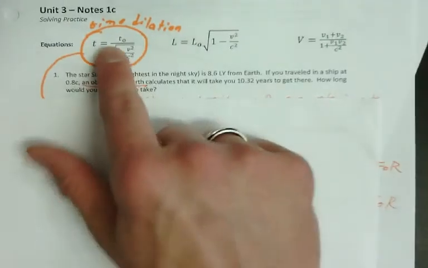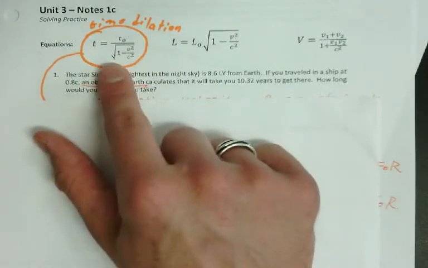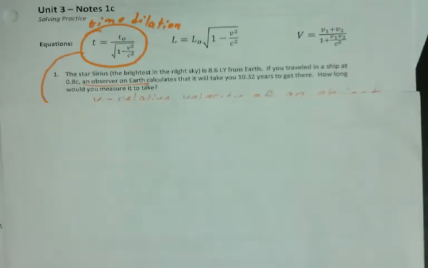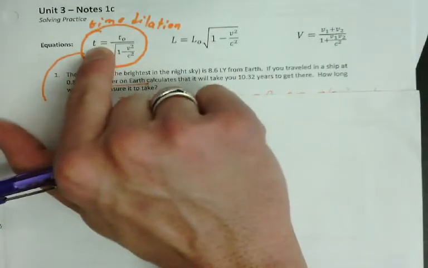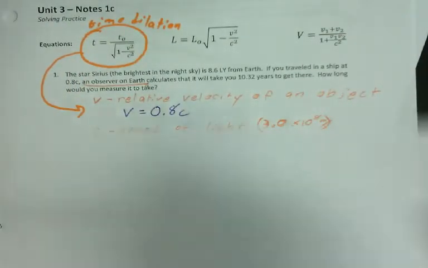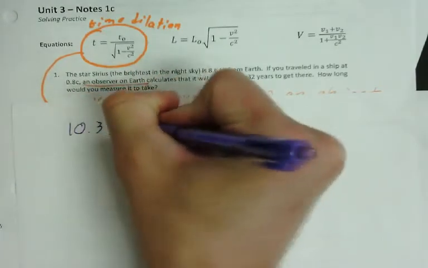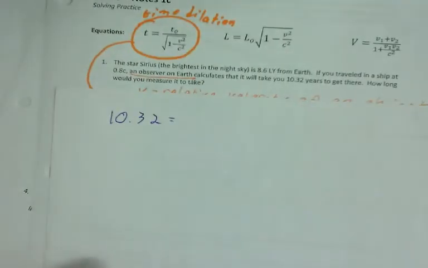So T equals T naught over the square root of 1 minus V squared over C squared. So I'm going to plug everything in exactly where it goes. T is the measured dilated time. Here we go. T is 10.32 years. All right.